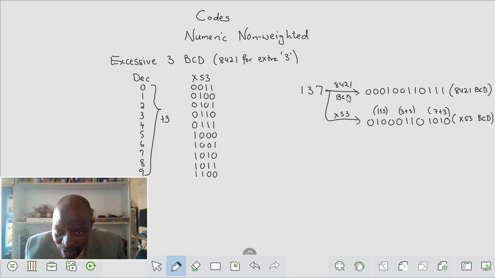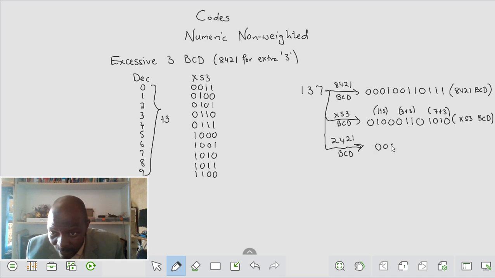Now let's just say, what could this have been with 2421? All these are BCD. Remember, BCD. Now 2421 for 1 would have been just 1.